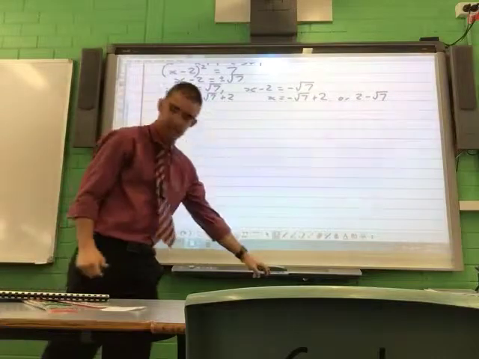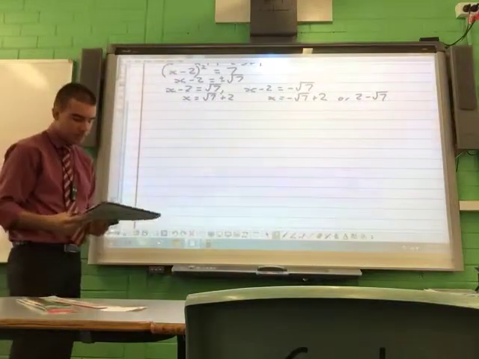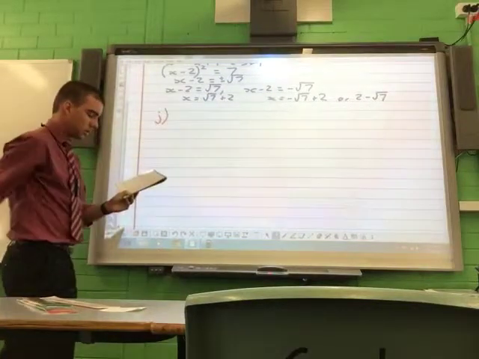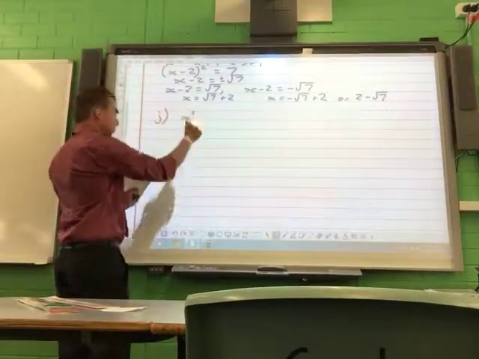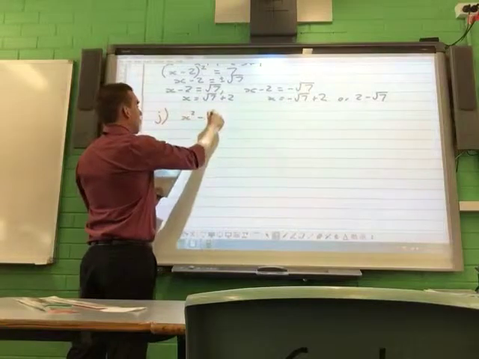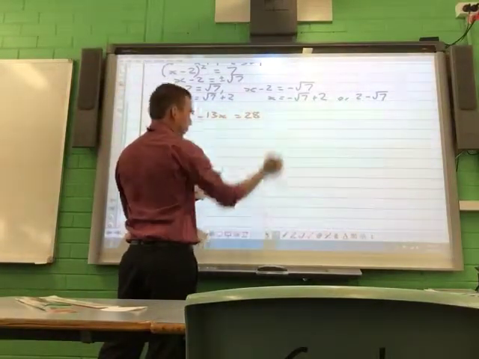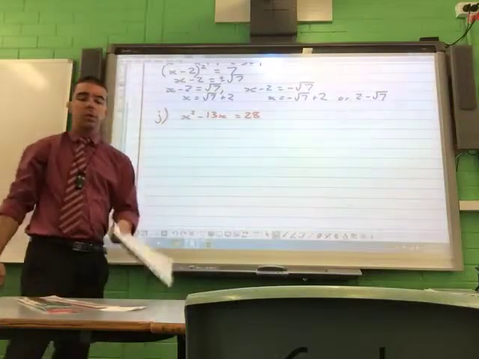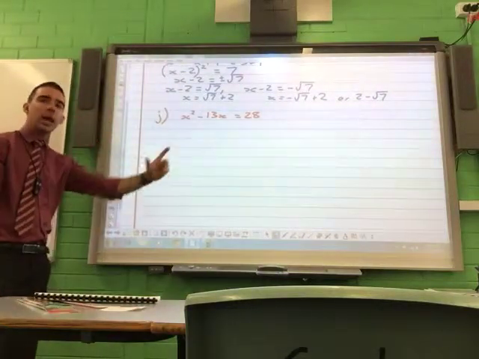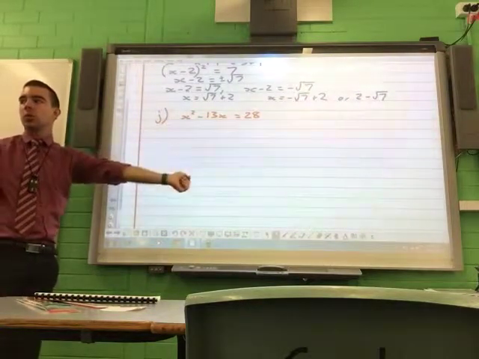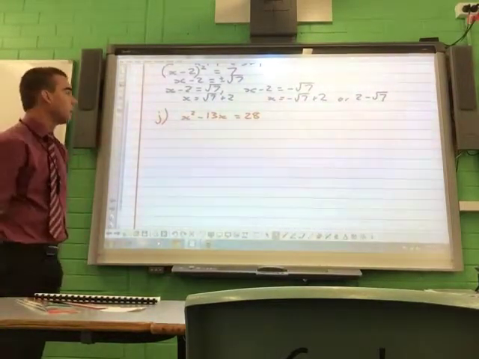Okay, last one. Bit of work to do. x squared take away 13x is equal to 28. Okay, so when you're asked to complete the square, you need all your x terms on one side, including your squares, and all the constant terms on the right hand side.